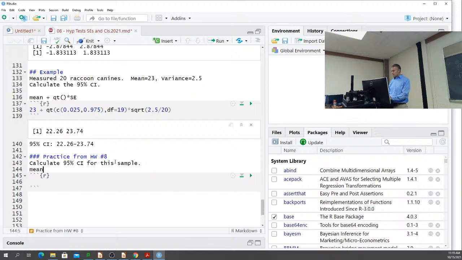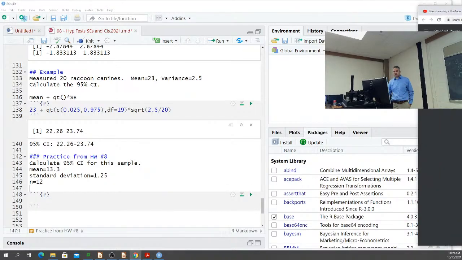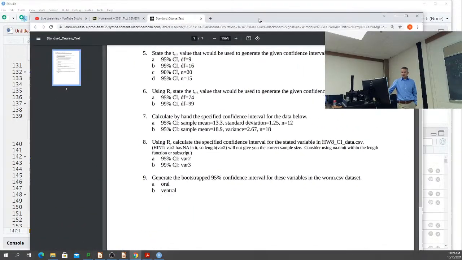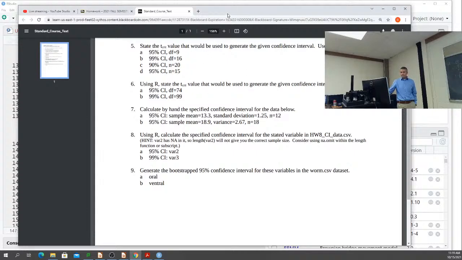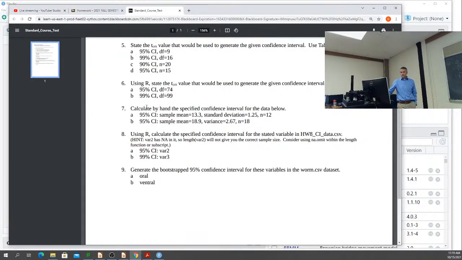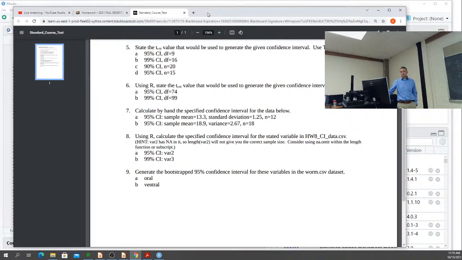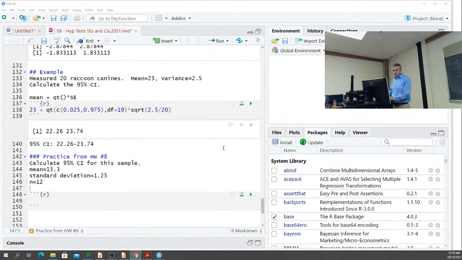The mean is 13.3, standard deviation is 1.25, and our sample size is 12. You're going to see that this is number 8, calculate by hand the specified confidence intervals for these data. So we'll do these two as practice here in class. All right, so go do that.